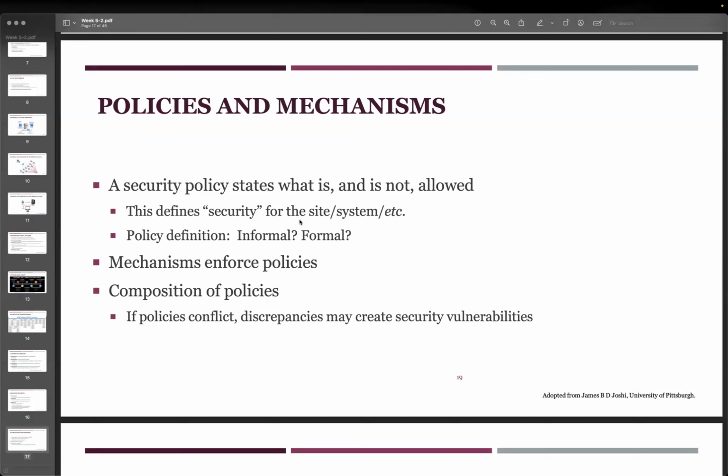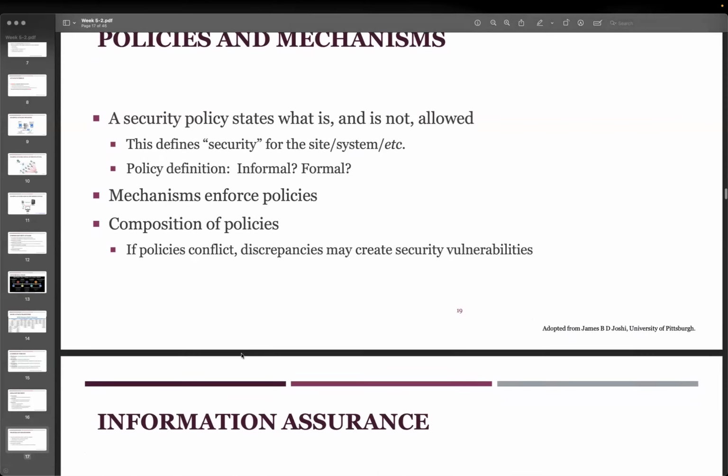So it's a definition, okay, for the site, system, for anything. So it can be informal or formal. So a mechanism can enforce a policy, or there can be composition of policies. If they really conflict, they may create some security vulnerability. So sometimes it may happen when we have two different policies, okay.